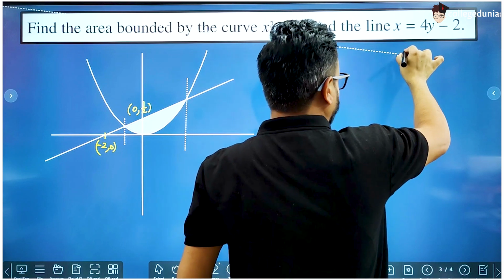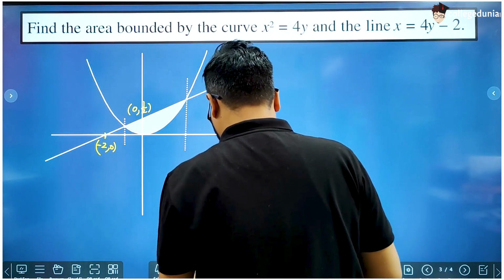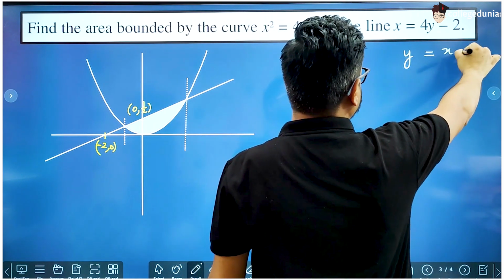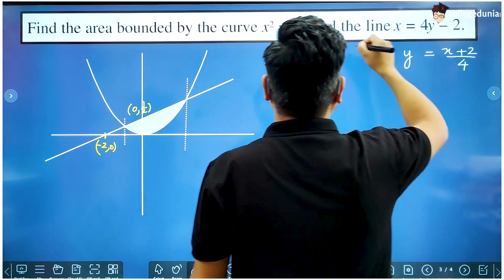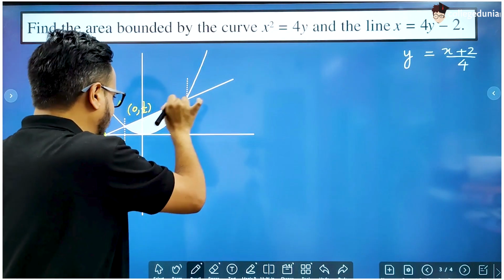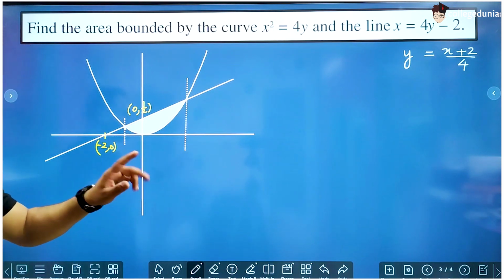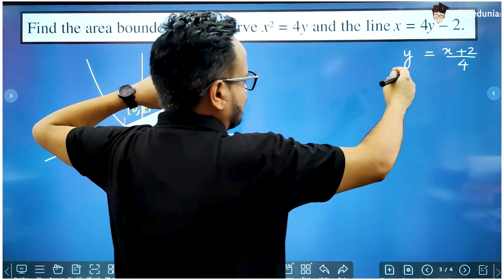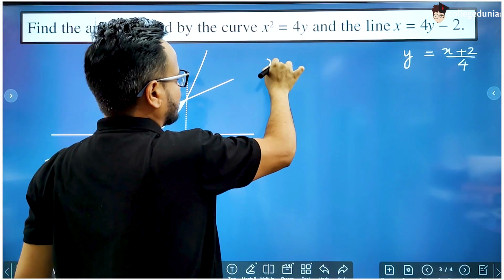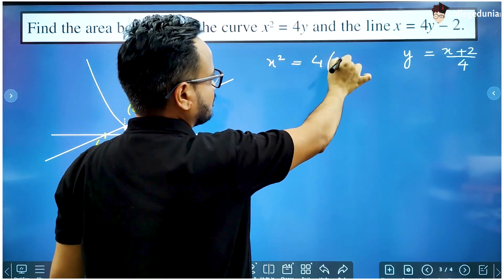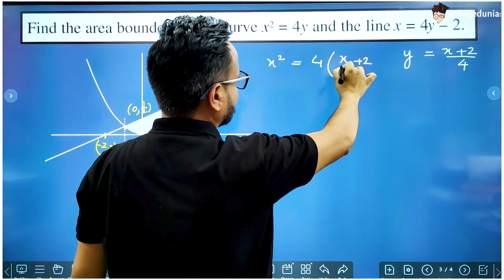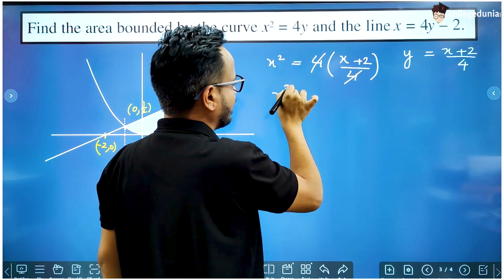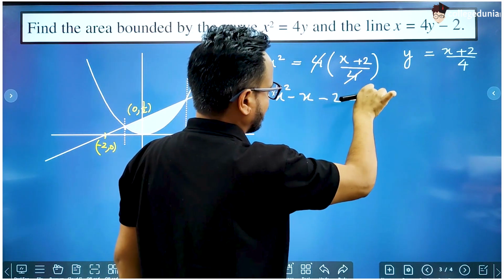What is the value of y? Solve this and you will get, find the value of y from this. The value of y from this is coming out to be x plus 2 divided by 4. Now, because this point and this point are the 2 points which lie both on the line and the parabola, if we substitute the value of y in this, we are getting a quadratic equation.